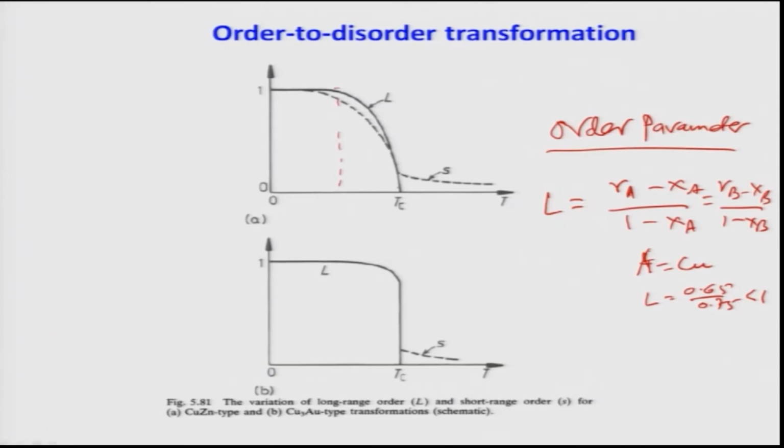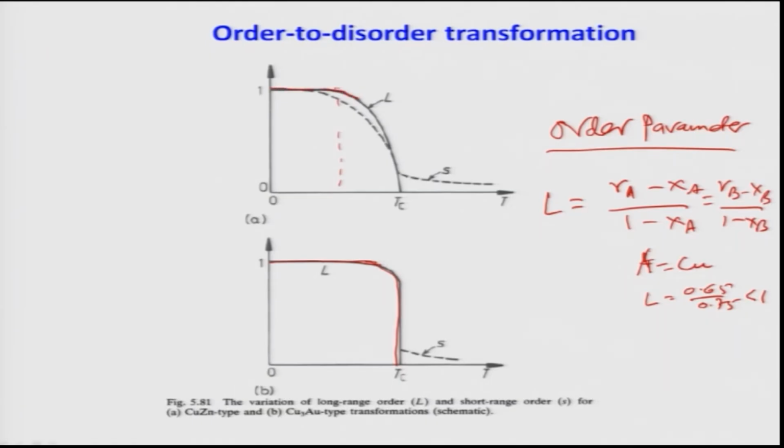On the other hand, in the case of CuZn, it happens in a different way. In Cu3Au it happens exactly like this: the order parameter maintains a value very close to one until very close to Tc, and then at Tc it drops off drastically. But in the case of copper zinc, which is a B2 ordered structure, the order parameter slowly decreases.